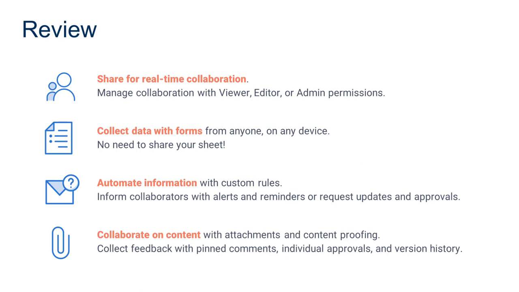So if you need to intake information, whether it's an event registration or survey or one of many other use cases, you can create a Smartsheet form and distribute the URL. To keep others informed, you can set up automation, sending them alerts, sending reminders, or requesting updates, and all of the automation can be done with users who don't have access to your sheet.